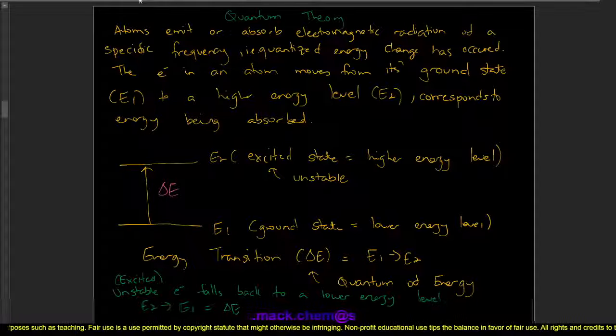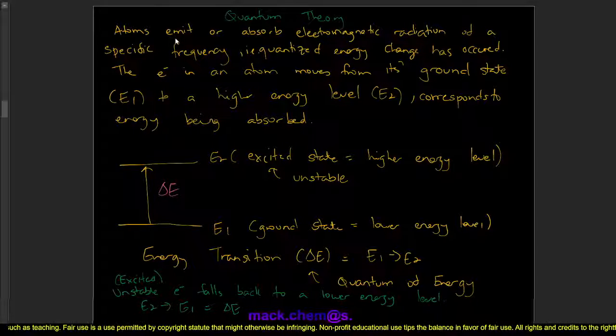We say that the energy absorbed or emitted by an electron can only be done so in whole numbers or whole multiples of this quantum of energy. Right, so I'm going to write it in right here.